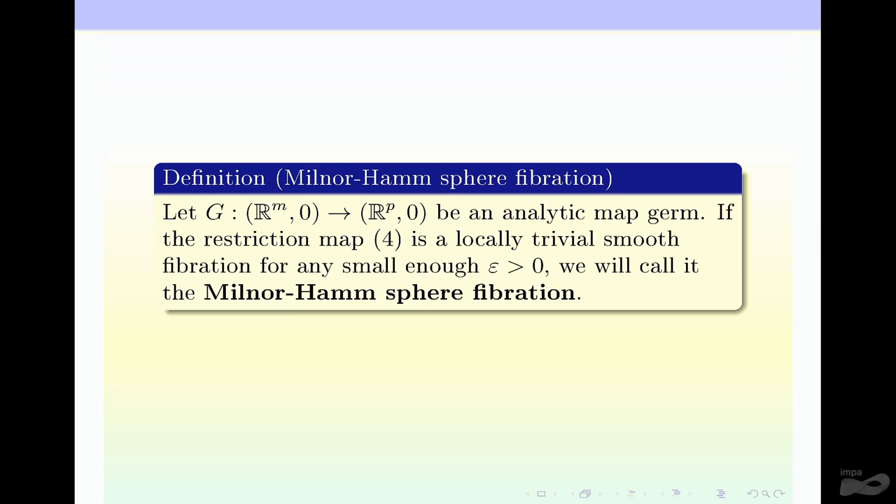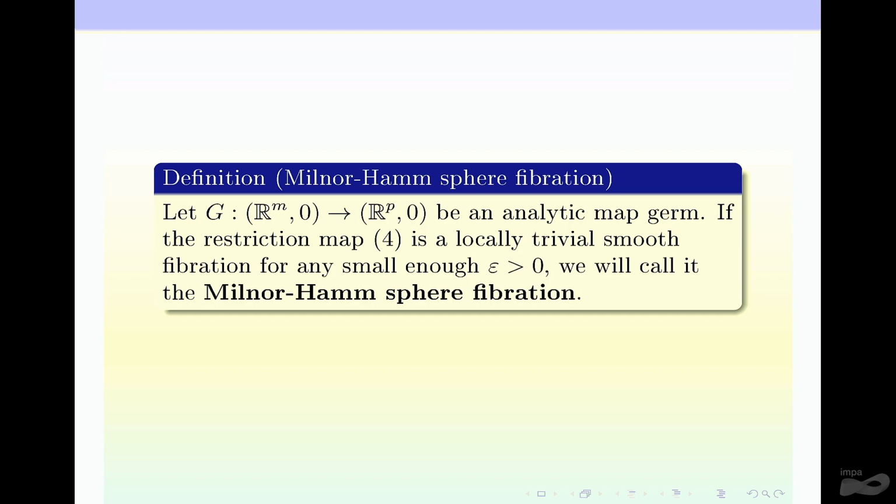Under this condition, if you have such a fibration for any small enough epsilon, you say that it is a Milnor-Hamm sphere fibration.